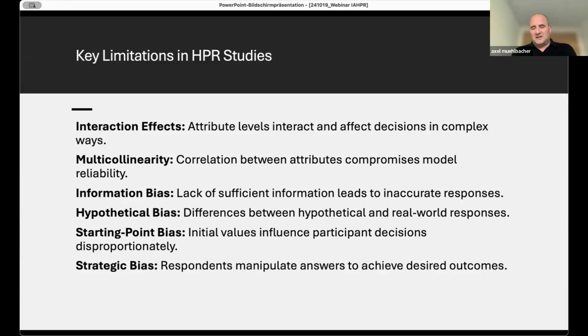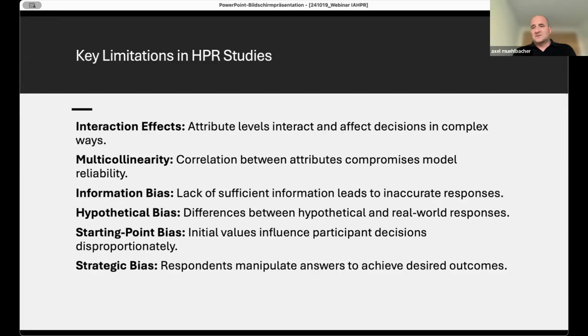We do have problems of information bias, either having not enough or insufficient information, or even having too much information on attributes and levels, and that could be concerning within the study design and could lead to inaccurate responses. We do have hypothetical bias.